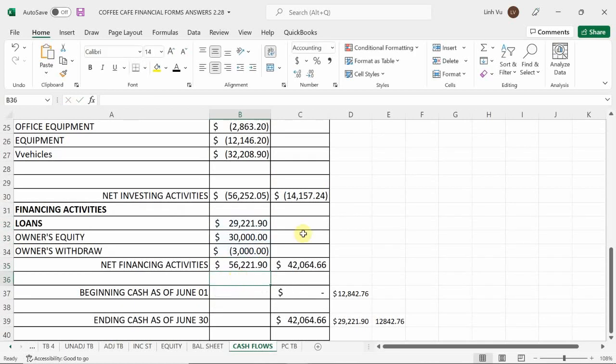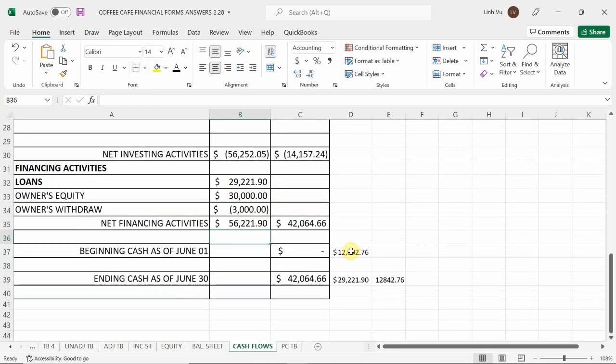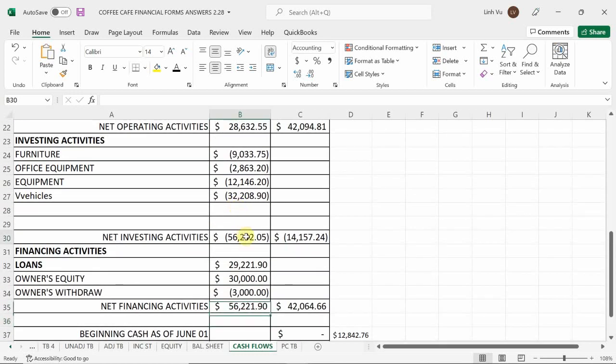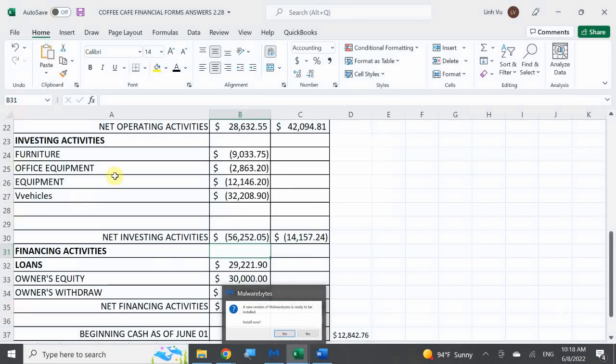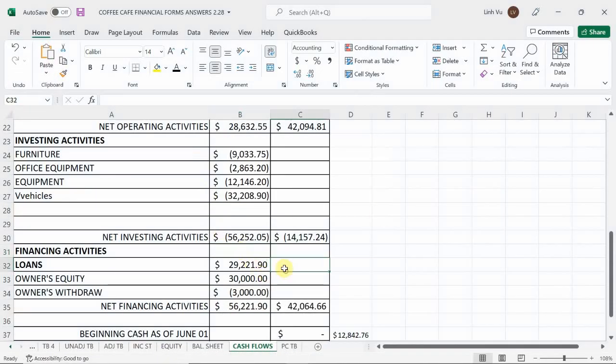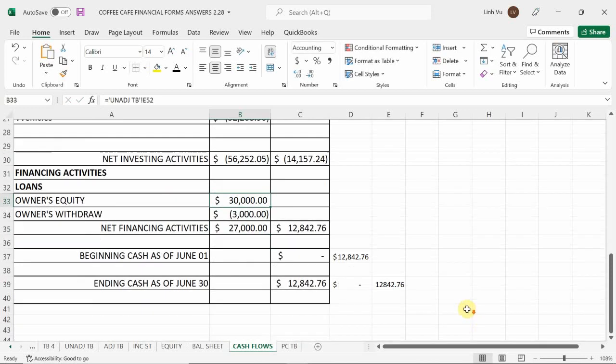I did put my loan in there. I'm off by $2,221.90. When you receive a loan, you should be getting cash. Did I not include? I did include that. Okay, so I'm off by 29,000 here. So let me see if I take that off my loan, what would happen? Then I'll be at 20,000.